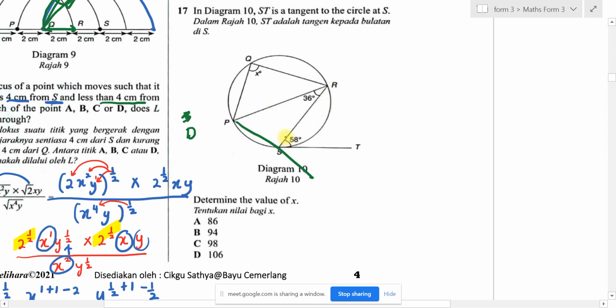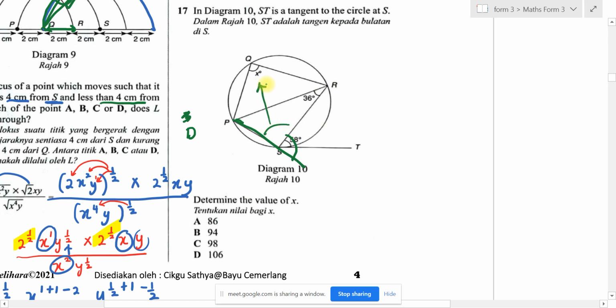So 36 to the tangent. PR is here. If we extend this line and we know the angle here, then we can apply the property.